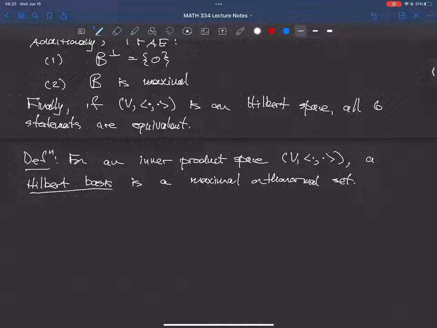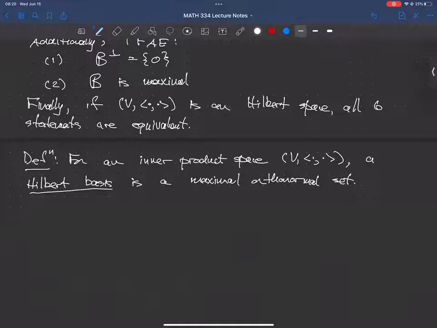Okay, and so let's think about how this is the same and how it's different from our previous notion of a basis. The way in which the two notions are comparable is through this notion of maximality. How should you think about a basis? Well, a basis should be thought of as being a maximal linearly independent set. In other words, it's maximal in the sense that if you take any linearly independent set which contains your set, then it's actually equal to it.